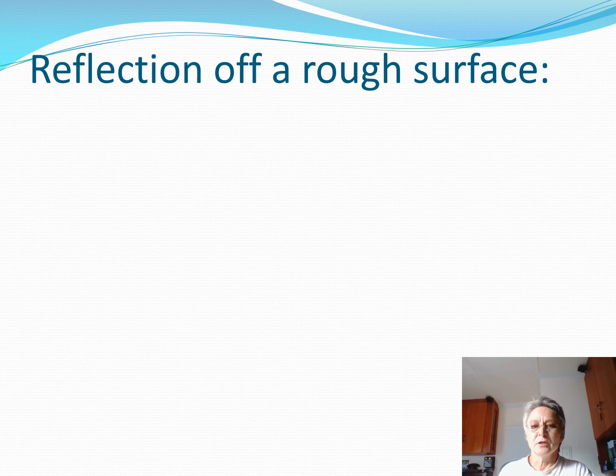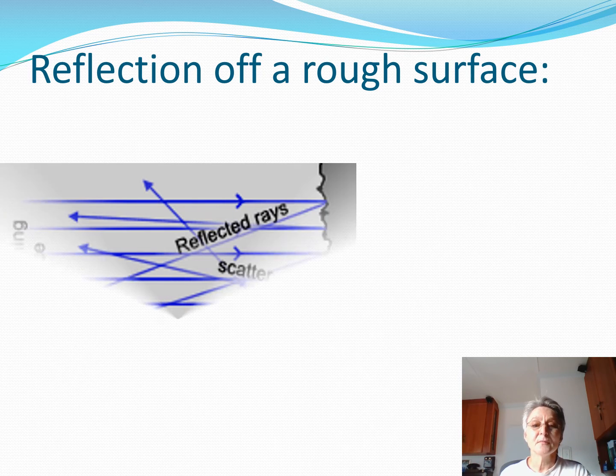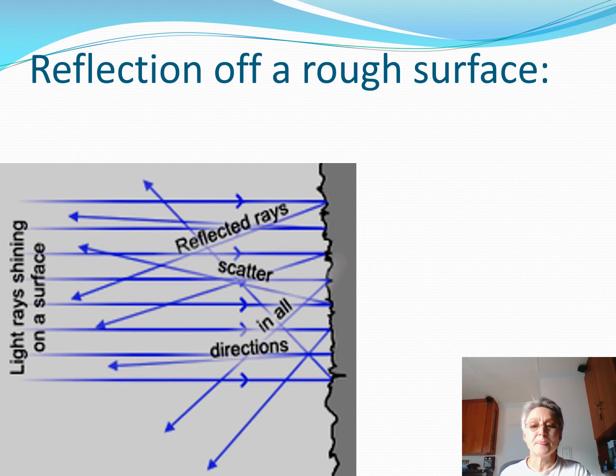Next, I want to look at the reflection of a rough surface. Now, when you look at a rough surface, you will not see a clear image in that surface. Why not is the big question. A rough surface scatters the reflected ray.